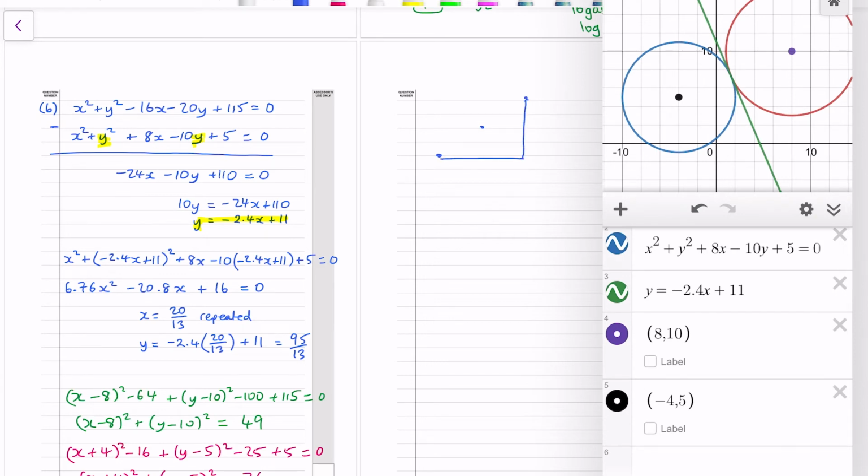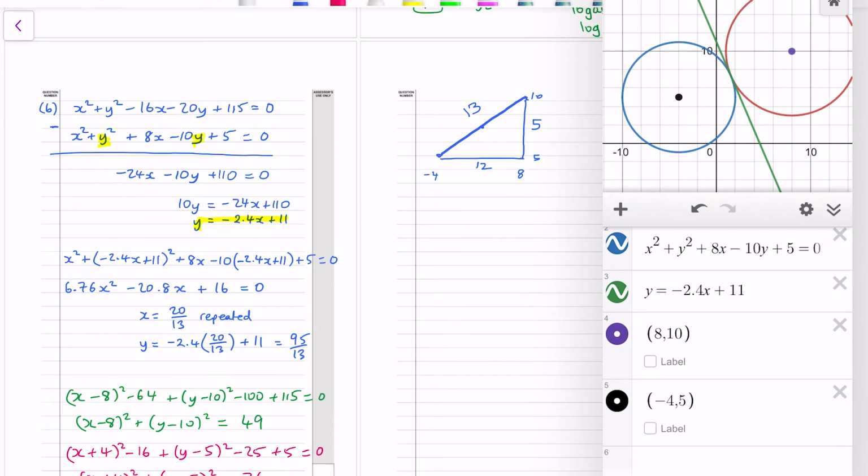The distance between the centers, well, in the x direction goes from x equals minus 4 to x equals positive 8, so a distance of 12, and in the y direction it goes from y equals 5 to y equals 10, so a distance of 5, and Pythagoras tells us that 12 squared plus 5 squared square rooted is equal to 13, and that turns out to be the sum of the two radii.